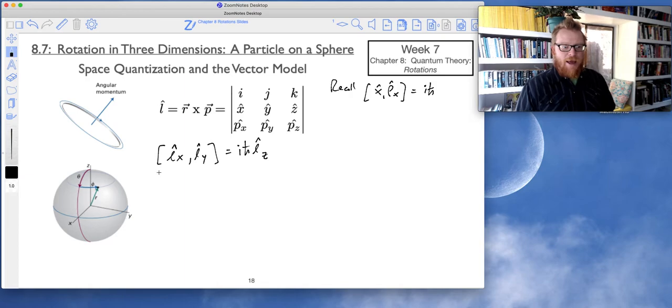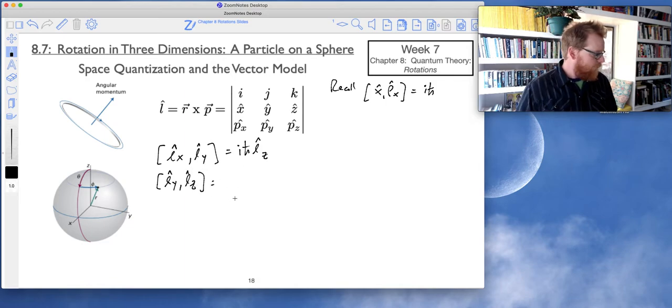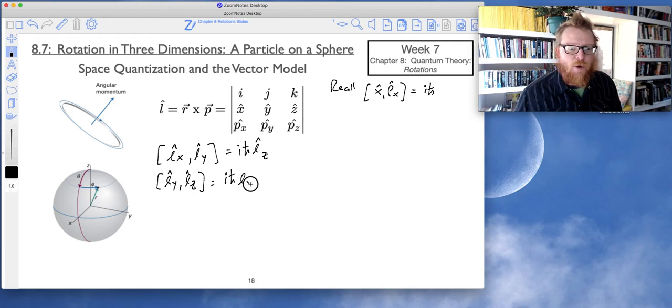Well, what do you want to bet is going to happen if I switch those dimensions? So if I look at now the commutator between Ly and Lz, if you're saying i h bar Lx, then you're getting it. So i h bar Lx.